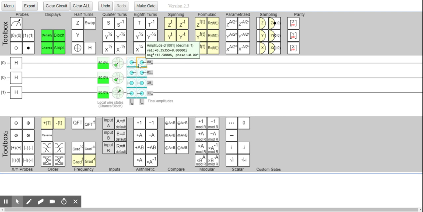Zero zero, 001. Oh, sorry, because here this is the latest one. So basically it creates that superposition, which you could group if that would be one register.